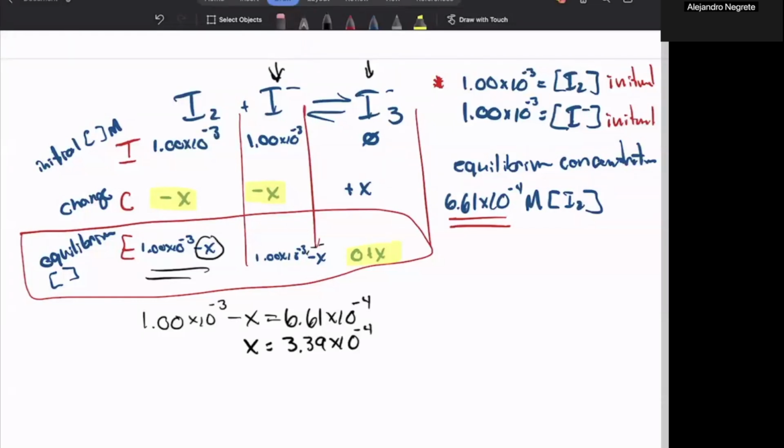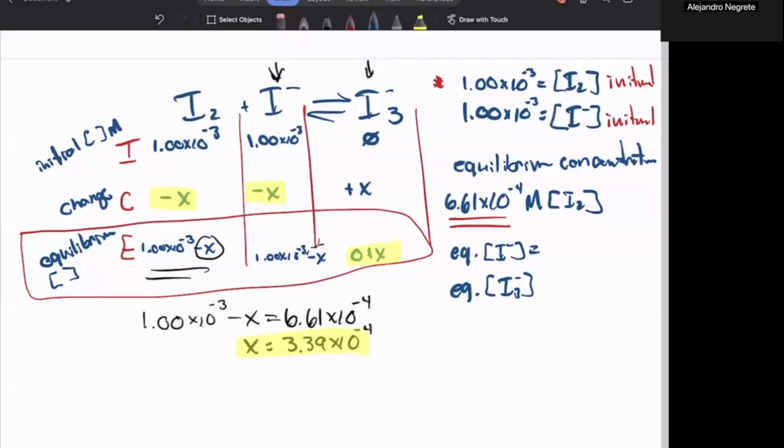So now we know what this X value is. Once we know that, we can figure out the equilibrium concentration of this, and of this.